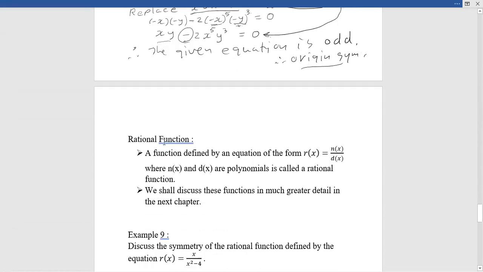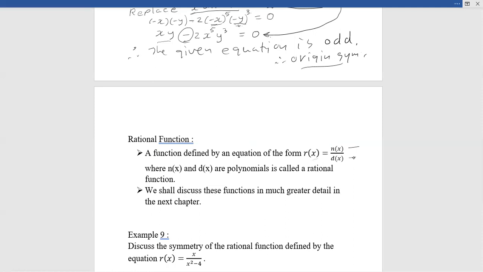Rational functions are functions defined by an equation of the form R(x) equals N(x) over D(x). That means the function is defined as a ratio of two polynomials, N(x) and D(x).